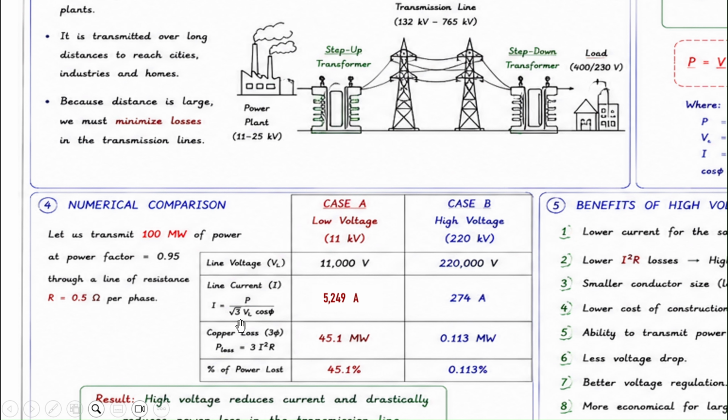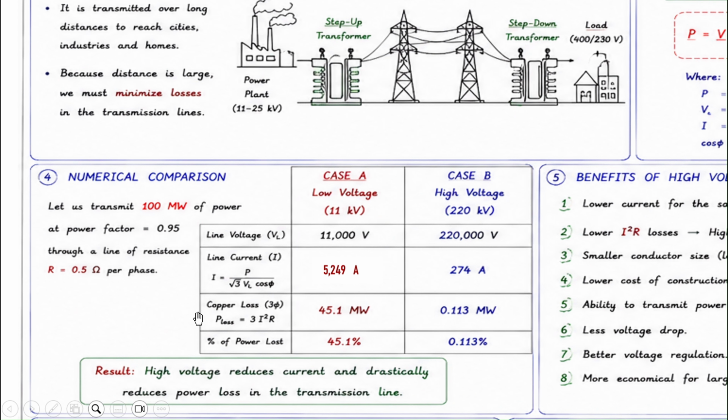When we plug in the numbers, with the power being 100 megawatts and the voltage for each case, we will get a higher current flowing through the transmission line in the case that has a lower voltage. So we have 5,000 amps here and about 200 amps in the second case that has a high voltage.